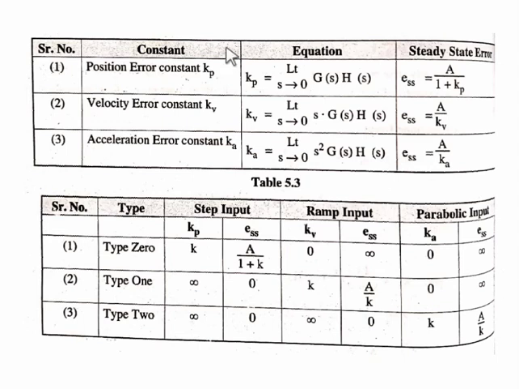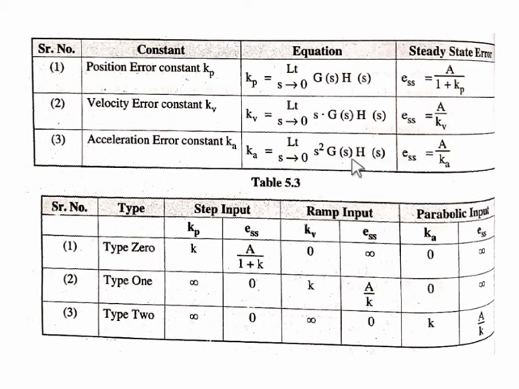So now let us make the table for the different coefficients. First one is the position error coefficient, which is defined as limit s tends to 0 of GsHs. Kv, the velocity error coefficient, is defined as limit s tends to 0 of s GsHs, and the acceleration error constant Ka is defined as limit s tends to 0 of s square GsHs, and its steady state error ESS equal to A by 1 plus Kp, A by Kv, and A by Ka.